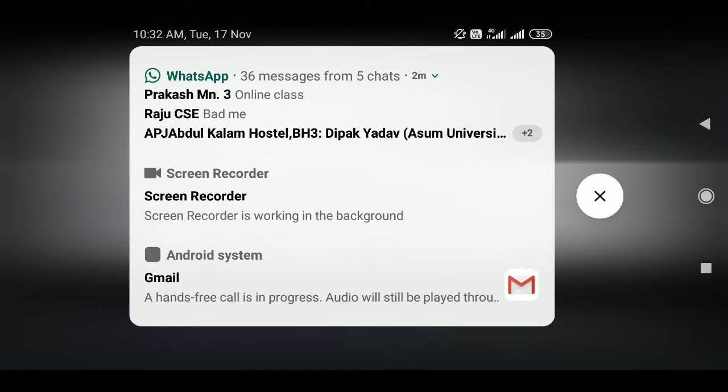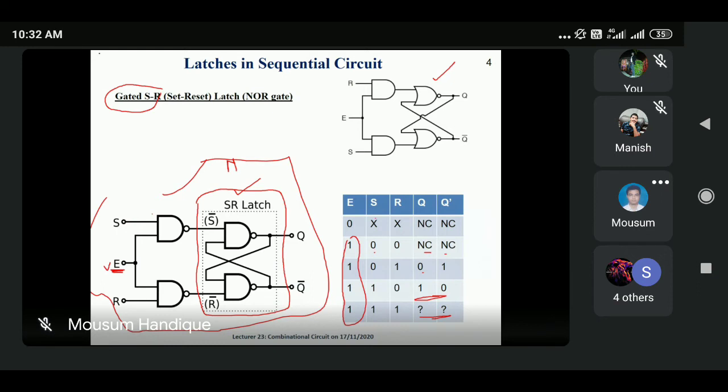Okay. So what happens when we are using S equal to 0 and R equal to 0? NC means no change. And why am I telling NC? What about the earlier value? That means if earlier Q equal to 1 and we apply S equal to 0 and R equal to 0, then Q remains the same. So here I am using no change. But what happens when S equal to 0 and R equal to 1? Q is always 0.